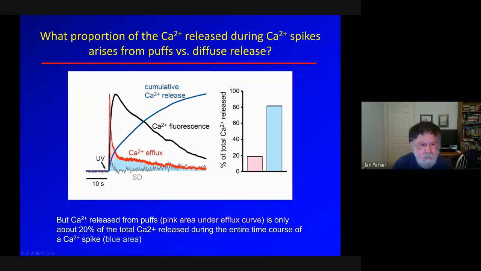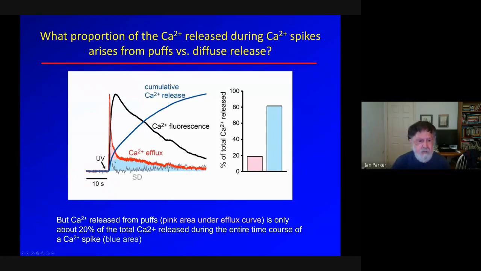Our puffs are only going on for a short time at the very beginning of the signal, just this initial spike of calcium efflux. After the puffs cease, there's a continuing efflux, and we just integrated under the red curve to get a measure of the cumulative calcium release. How many moles of calcium have been released during this entire response? That's the blue curve there.